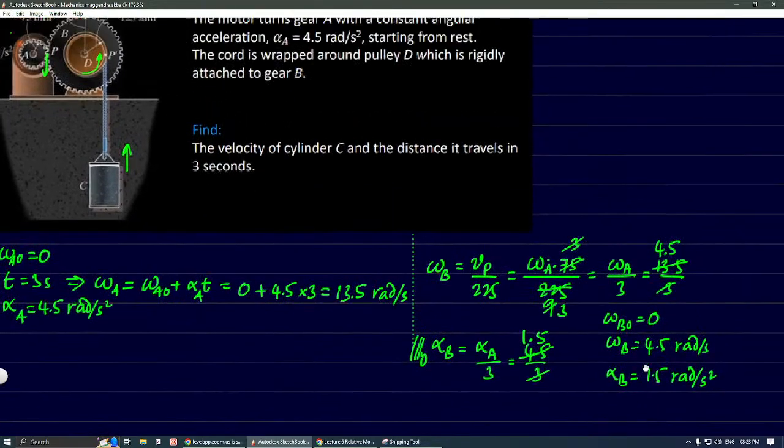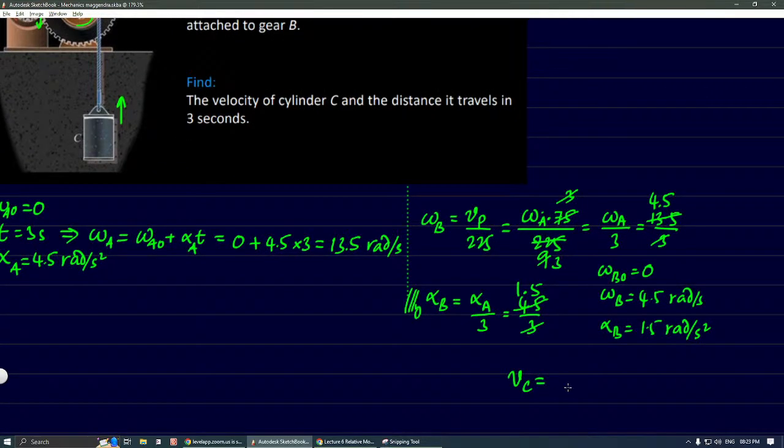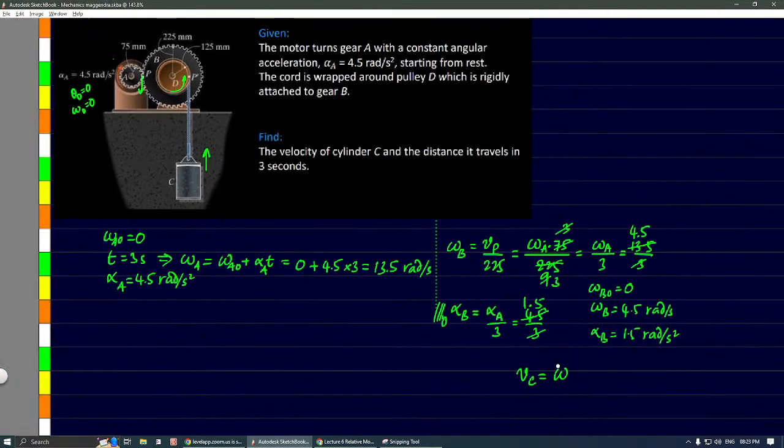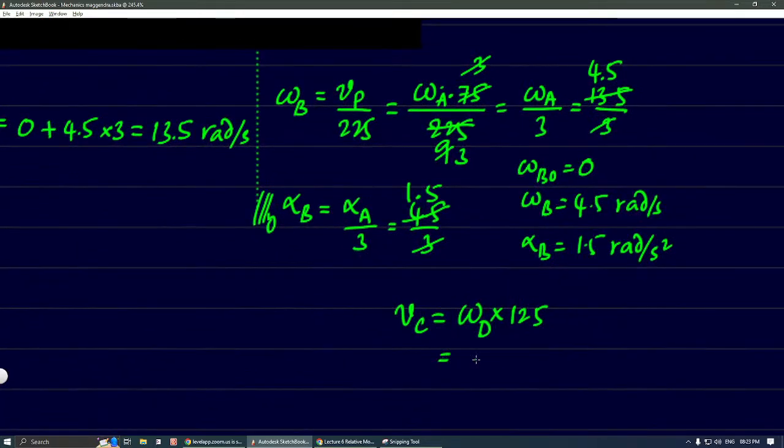Okay. Now we need to find the velocity of C. Velocity of C will be omega of D into the radius. What is the radius here? So omega D into 125, correct? Now omega D is same as omega B, no? Because they are both welded together.